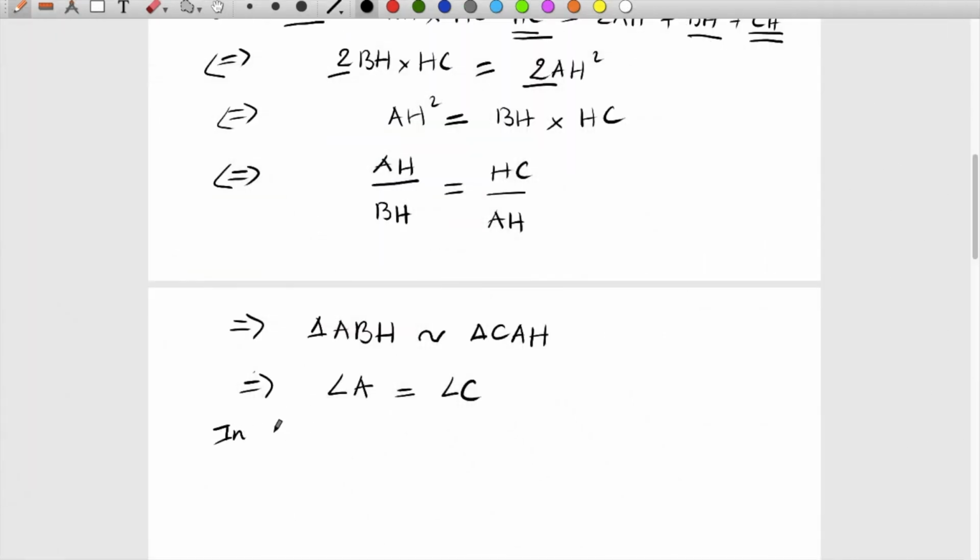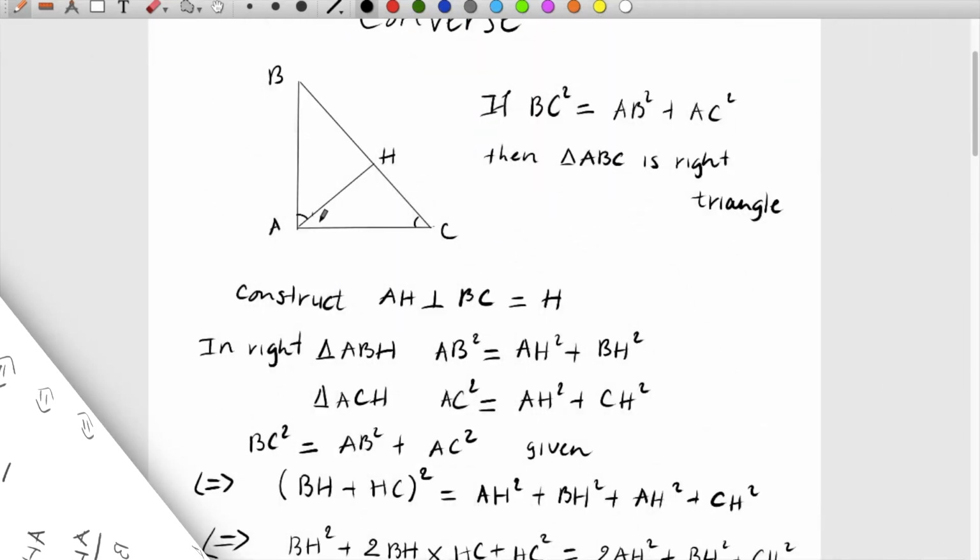On the other hand, in right triangle ACH, we have angle CAH plus angle C equals 90 degrees, because the sum of the two remaining angles in a right triangle equals 90 degrees.